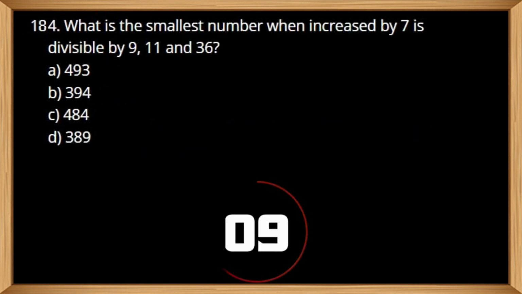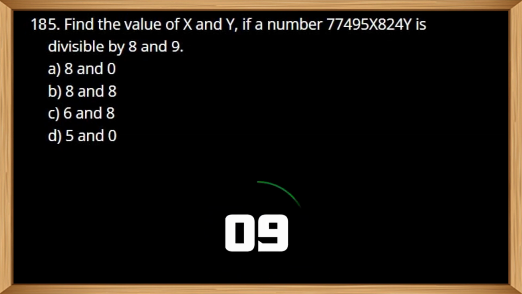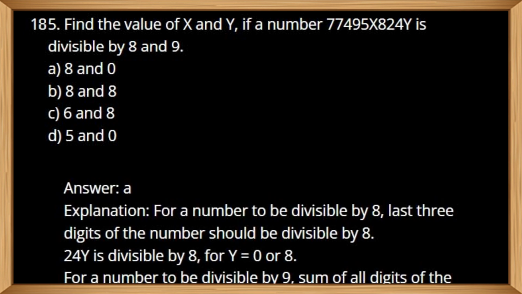What is the smallest number which, when increased by 7, is divisible by 9, 11 and 36? Option D 389. Find the value of x and y if the number 77495x824y is divisible by 8 and 9.